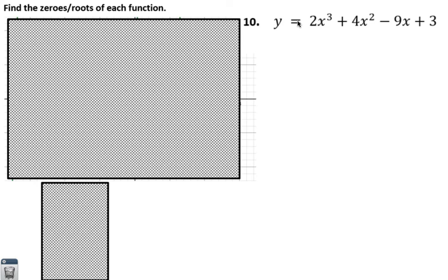So you never know if your graphing calculator is going to show you all the zeros as clearly as you want. So we were always going to set equal to 0 and factor.